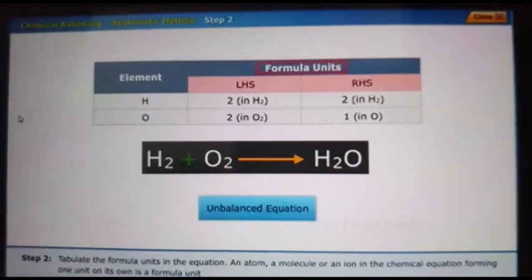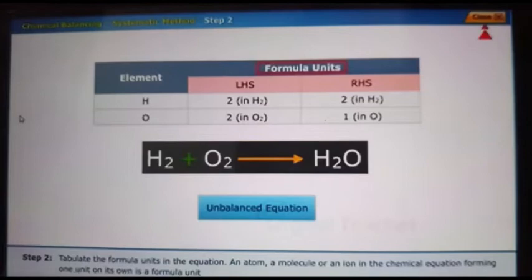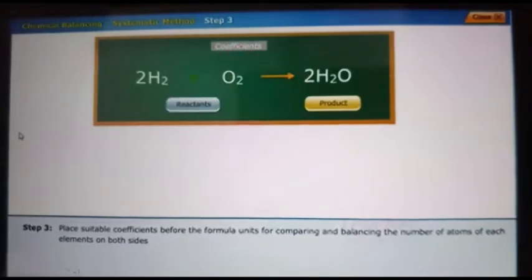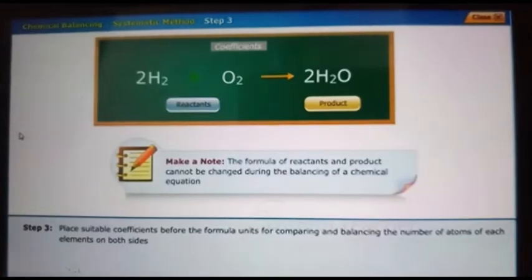Tabulate the formula units in the equation. An atom, a molecule or an ion in the chemical equation forming one unit on its own is a formula unit. Step 3. Place suitable coefficients before the formula units for comparing and balancing the number of atoms of each element on both sides.